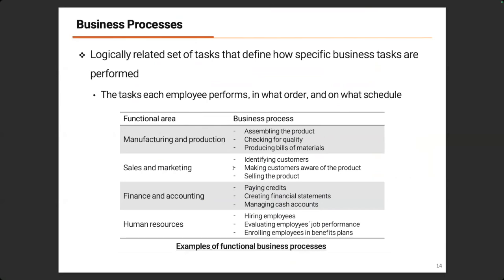For the sales and marketing function, there are identification of customers, making customers aware of the product, and selling the product. Such business processes can be operated by the sales and marketing department. As well, the finance and accounting function and the human resources function include business processes such as paying credits or hiring employees.